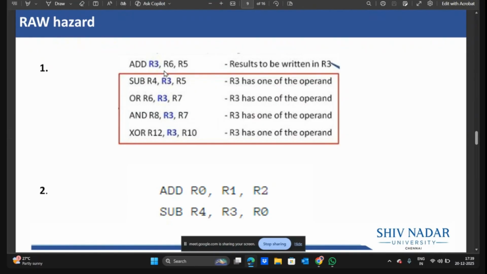So here itself you have the possibility of a data hazard, the RAW hazard, because first you have to wait for the value of R3 to get updated by the sum of R5 and R6, and then it has to subtract itself from R5 and store it into R4. So there's a possibility of a data hazard to occur here.